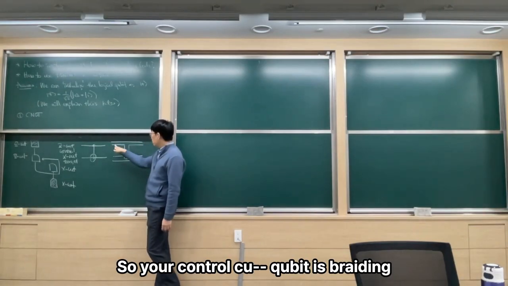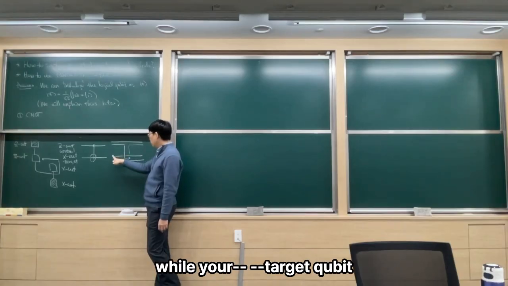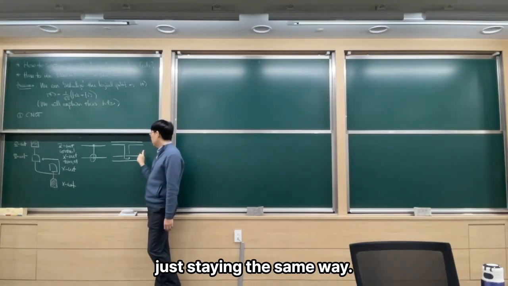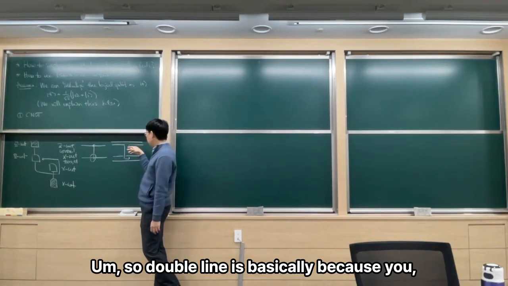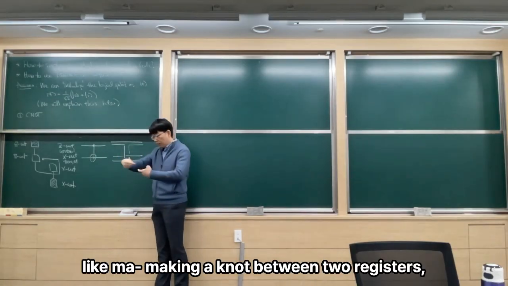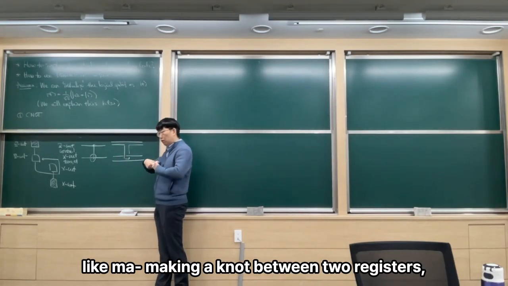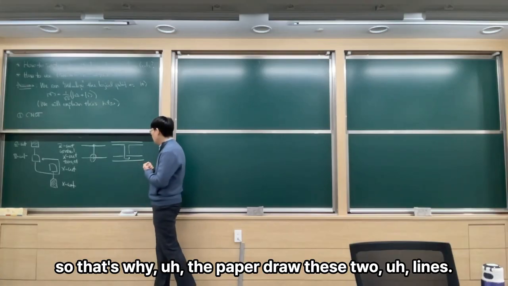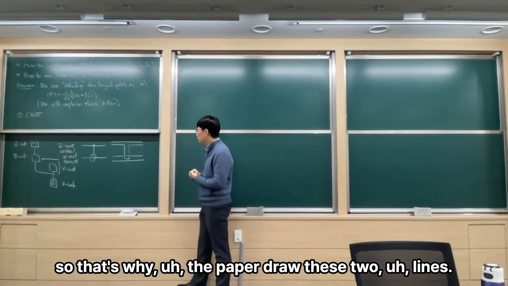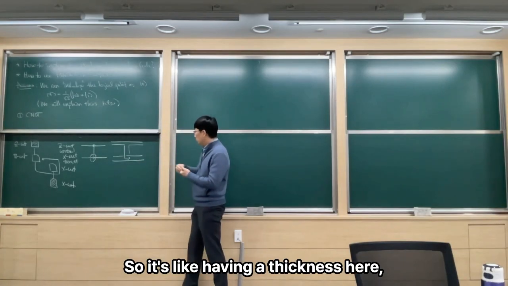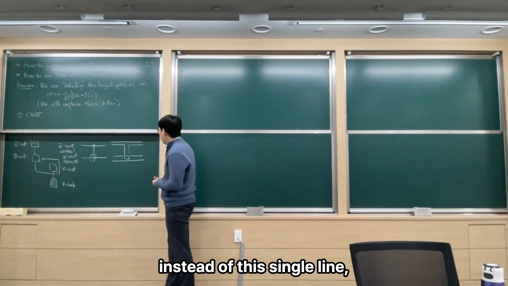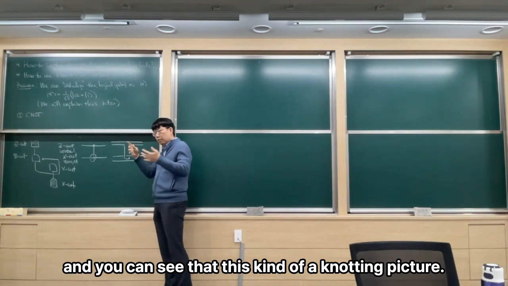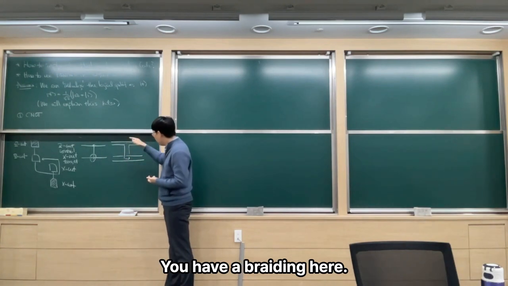So your control qubit is braiding over the target qubit, while your target qubit is not doing anything, just staying the same way. The double line is there because you want to braid, like making a knot between two registers. That's why the paper draws two lines, with a thickness, instead of a single line. And you can see this kind of knotting picture, with a braiding here.